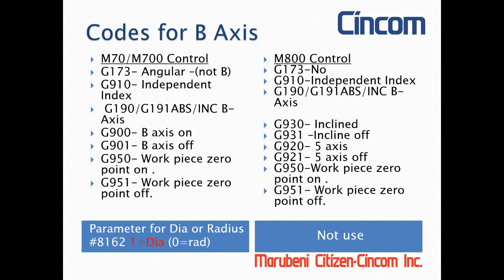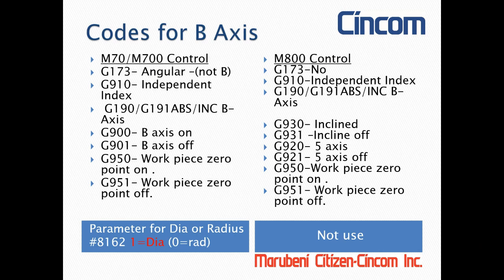G950, the coordinate rotation command, still works on all, but like G173, it's free on all our normal machines. Citizen customers can also have G950 as an option on a non-B-axis machine, and obviously this will be an option. You can contact your distributor and find out prices.